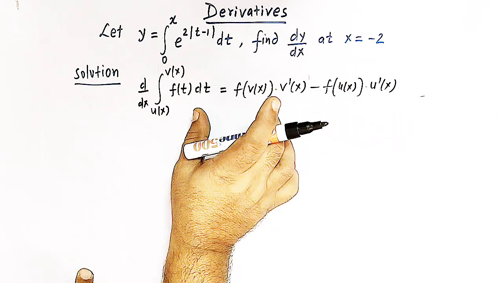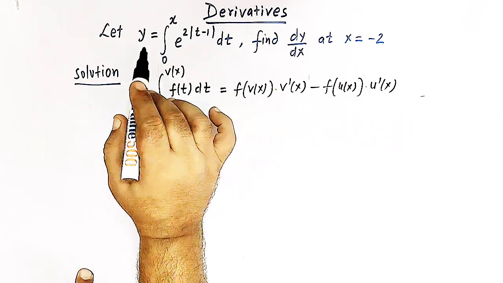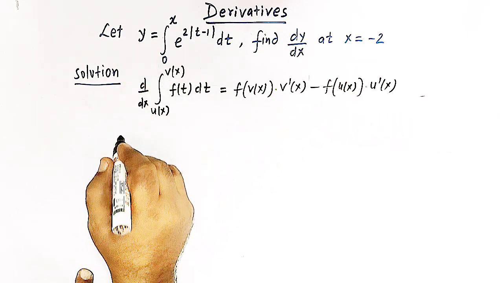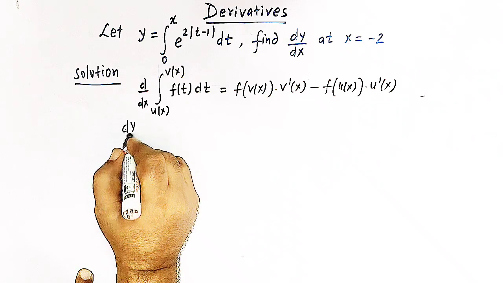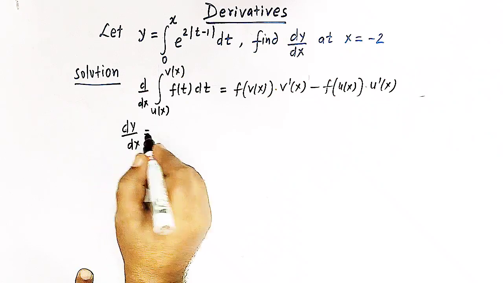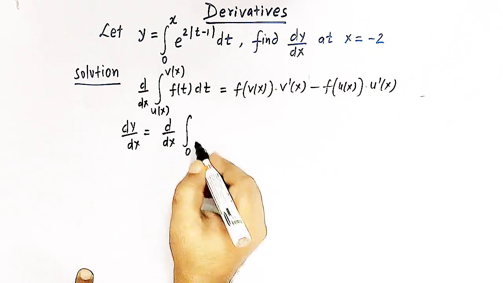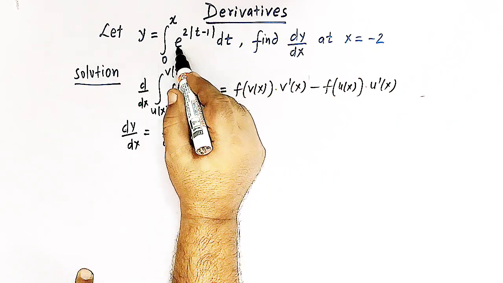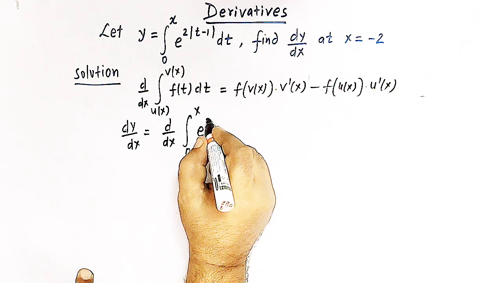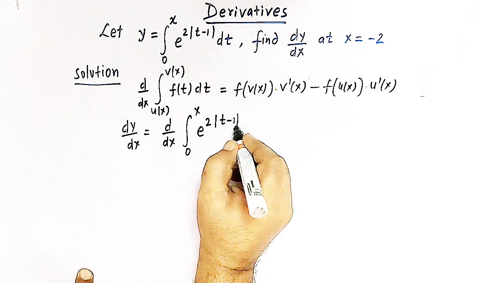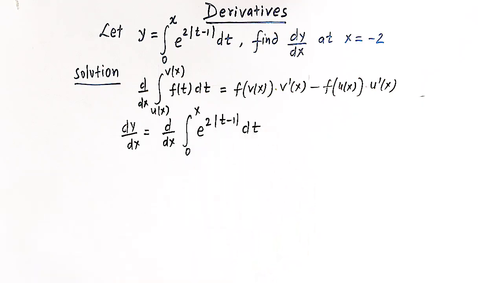So this is the Leibniz integral rule when we have a function of t only. Let us make use of this result to differentiate this function y. We can now write dy over dx is equal to d by dx of the integral from 0 to x of e raised to 2 times mod of t minus 1 dt.